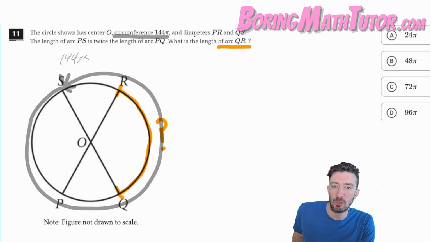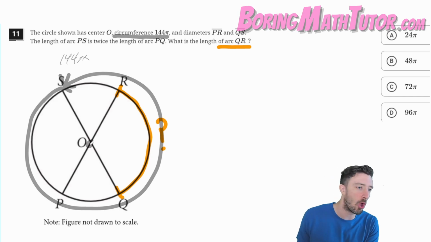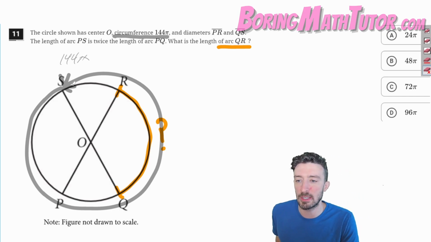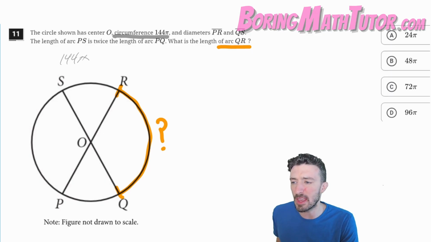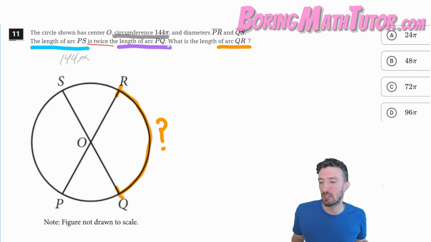Then they also told me that we've got some diameters. All right, seems obvious. There's an O in the middle. That's what they usually do for centers. Anyway, next thing that they tell me is that the length of arc PS is twice the length of arc PQ.